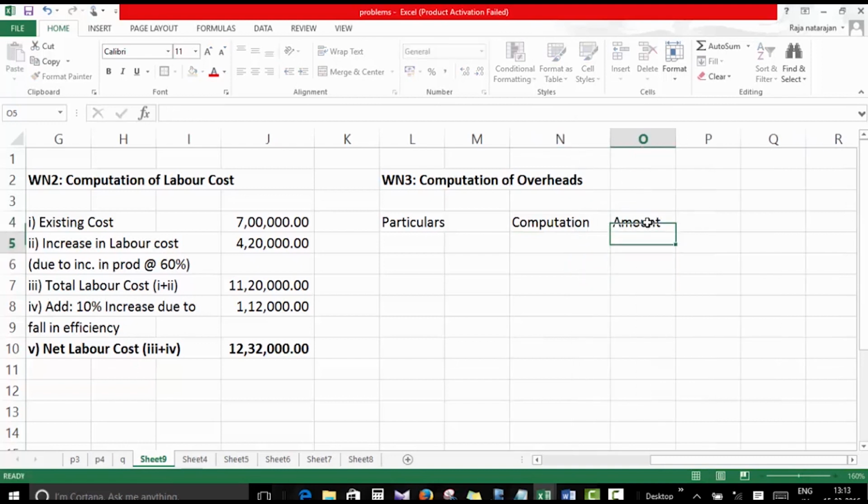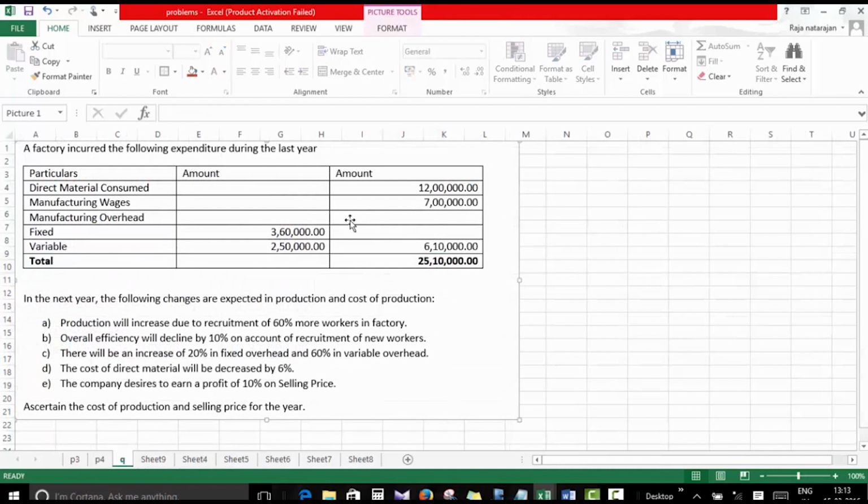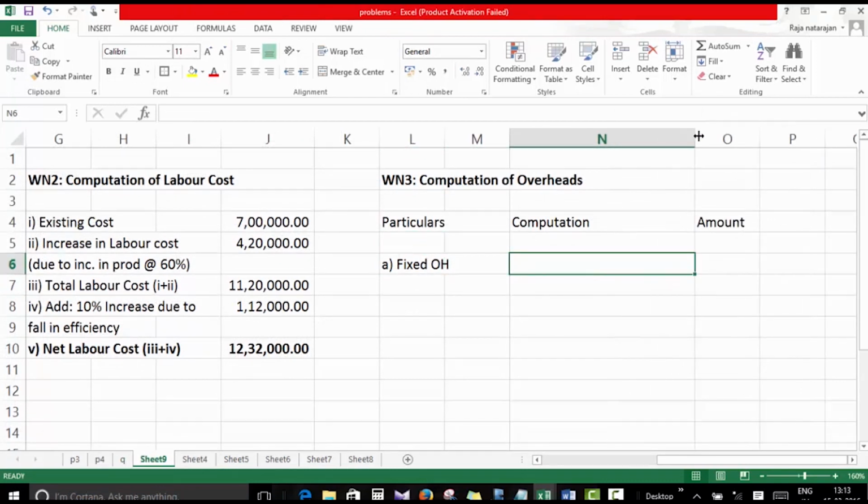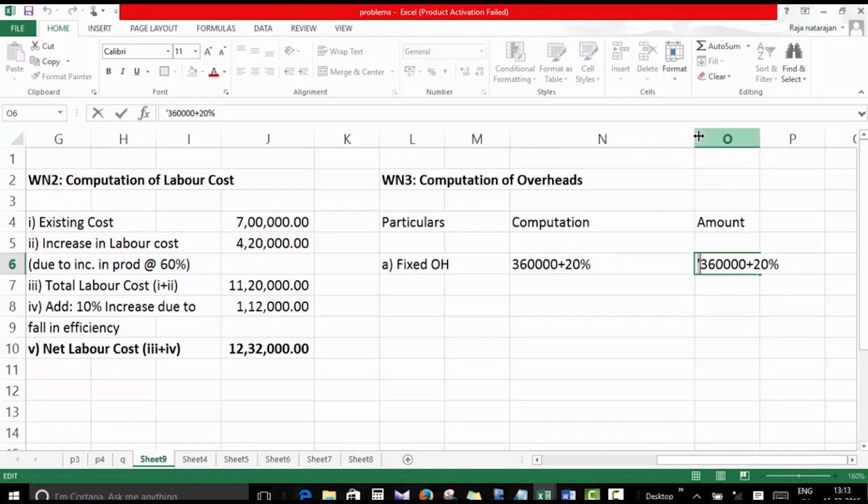Okay, so particulars, in that first fixed overheads. What is the amount for fixed overhead? It is 3,60,000, but that will increase by 20%. So here it is going to be 3,60,000 plus 20%.